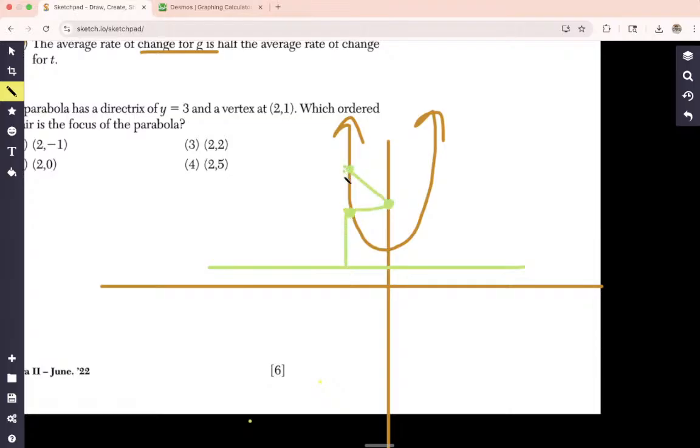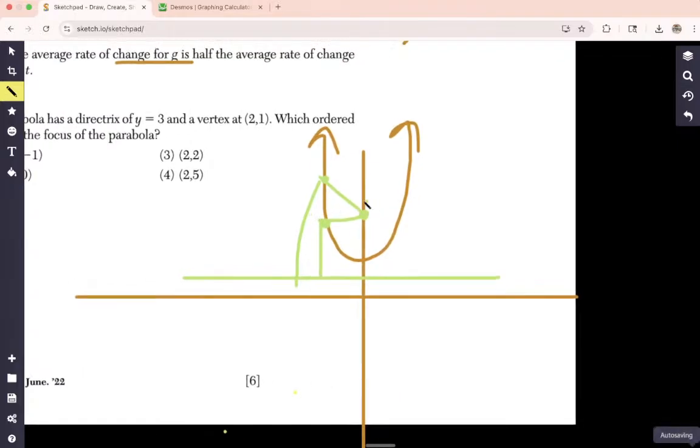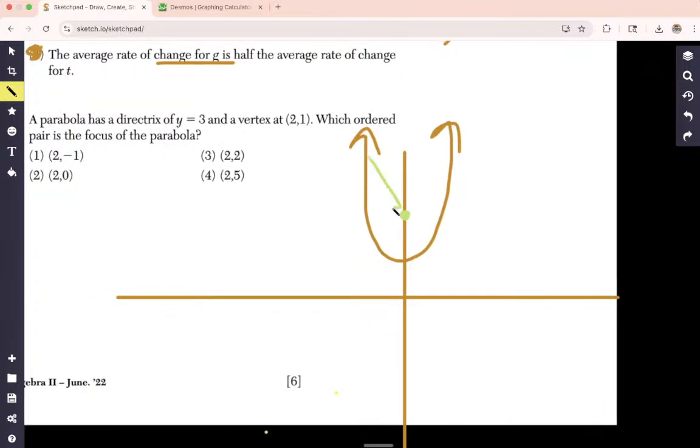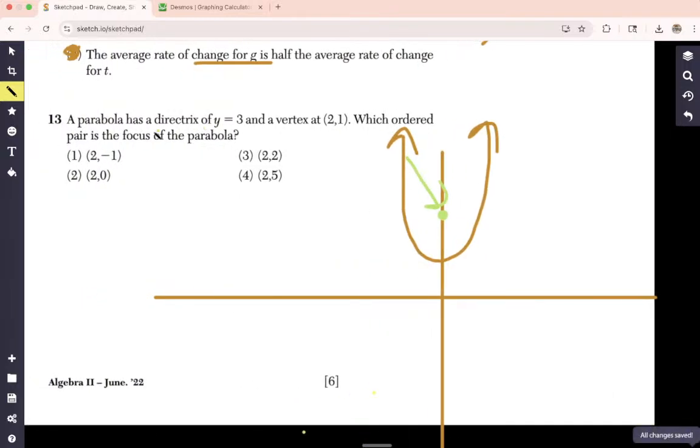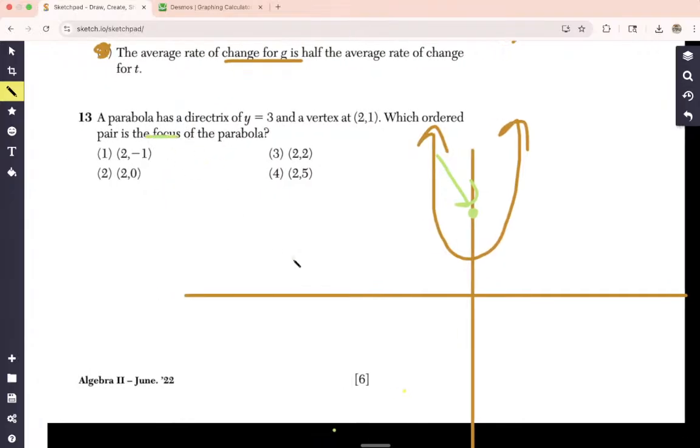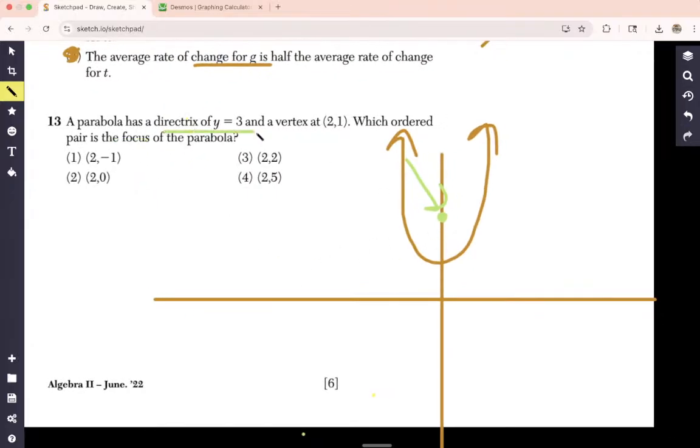I know this is not a very good diagram, but you kind of get the idea. The point that it's equidistant to is called the focus, and the line that it's equidistant to is called the directrix.